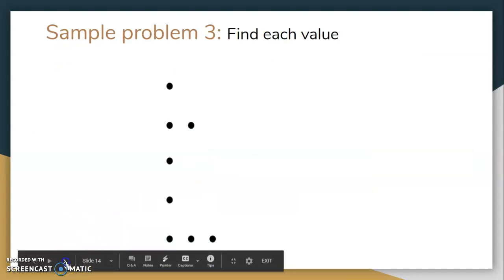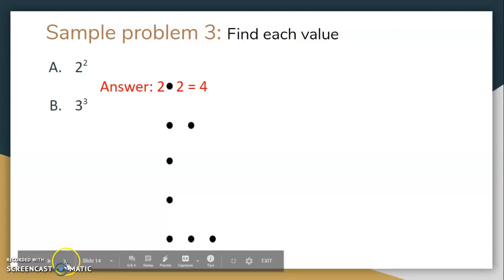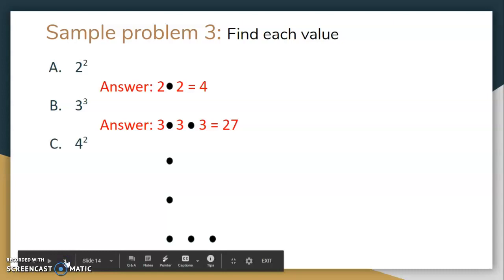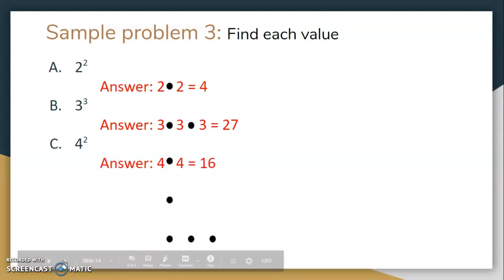So find each value. So 2 to the second power. Your answer would be 2 times 2, which is 4. 3 to the third power, or 3 cubed, would be 3 times 3 times 3 equals 27. 4 squared, or 4 to the second power, would be 4 times 4 equals 16.